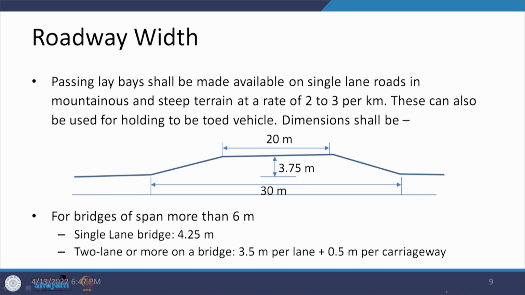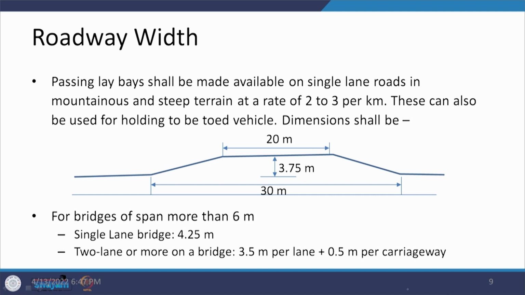Now, when you are talking about a plain and rolling terrain and a mountainous and steep terrain, there is always a possibility that there is a river or a nala which needs to be crossed, and depending on the width of that, we are going to have a span of the structure which is being defined as either a bridge or a causeway or a culvert or anything like that.